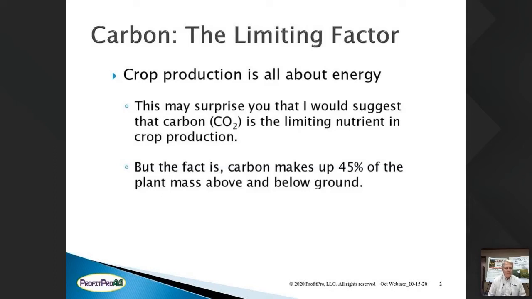The fact that CO2 is a limited nutrient in crop production, and I hope by the end of the evening I can point out why it is. But the fact is, carbon makes up 45% of the plant mass above and below ground. Think about that. 45% of the plant is made out of carbon, and that's why we talk about it being the limiting factor.